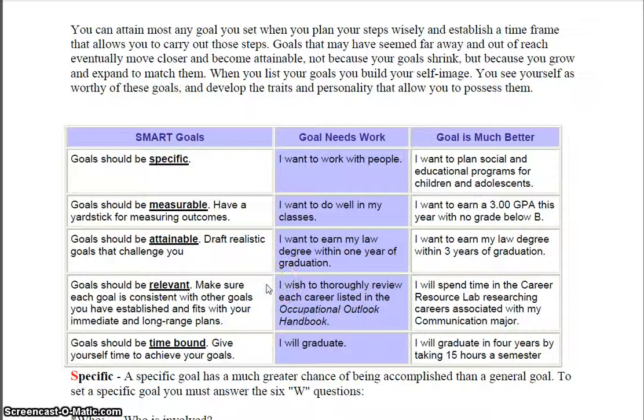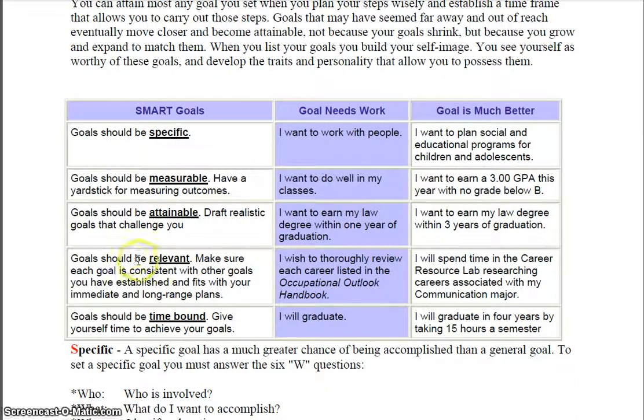The R in SMART stands for relevant. Your goals should be relevant. They want to be consistent with the other goals that you have set, and your short-term goals should help lead to your long-term goals. Now here, the goal that they show you that needs work is, I wish to thoroughly review each career listed in the Occupational Outlook Handbook.